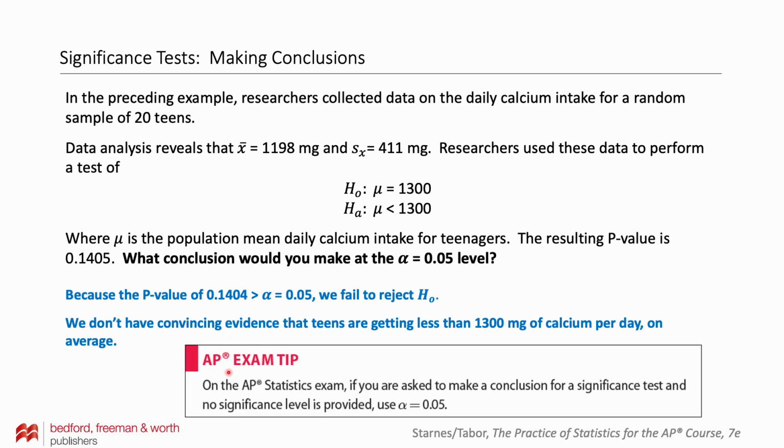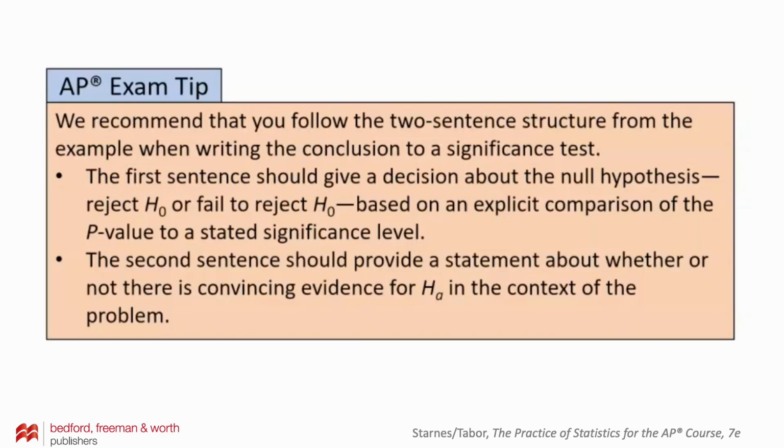Our AP exam tip here would be if you're asked to make a conclusion for a significance test and no significance level is provided, we're going to assume that the alpha level is 0.05, and you do need to state it. Our other exam tip is that you need to write a 2-sentence structure. The first sentence should give a decision about the null hypothesis.